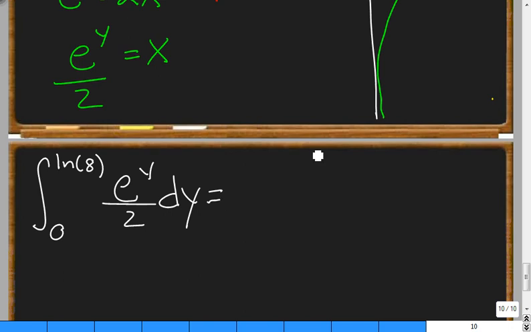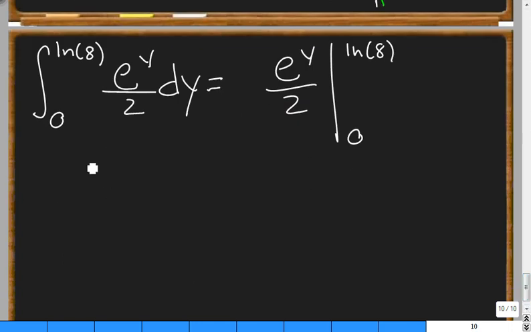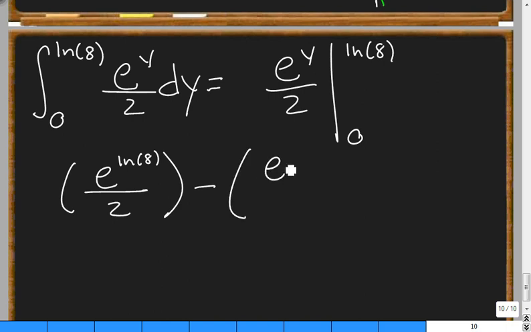That equals, quite simply, e to the y over 2 from 0 to the natural log of 8. So we're going to plug these numbers in. We get e to the natural log of 8 over 2 minus e to the 0 over 2.